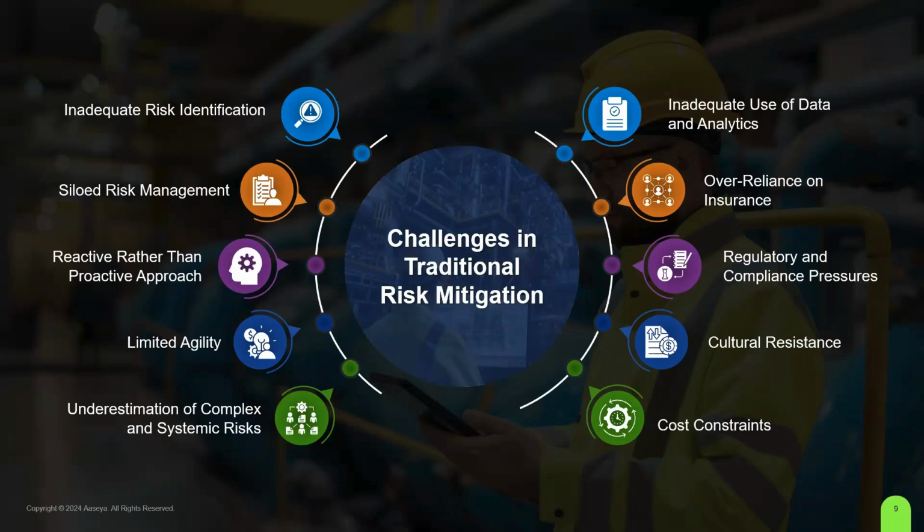Traditional risk management often involves rigid frameworks and predefined processes, making it difficult to respond quickly to emerging threats such as market disruptions, cyber attacks, or regulatory changes. This slow response increases the likelihood of suffering greater negative impacts.